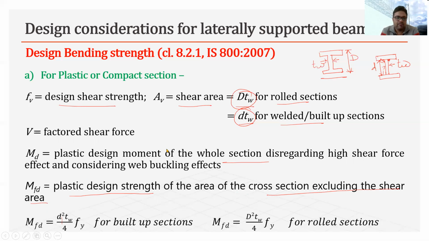For built up section, we will use D square tw by 4 into Fy. And if we have rolled sections, then in that case, MFD will be equal to D square tw by 4 into Fy. So that is the equation for the MFD. So putting all the values, we can find out the MDV value.